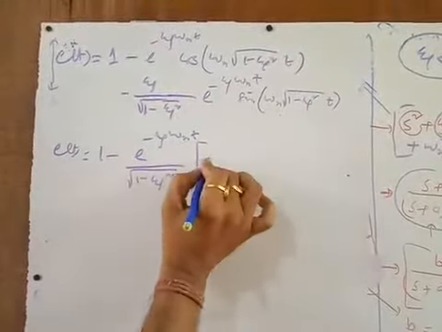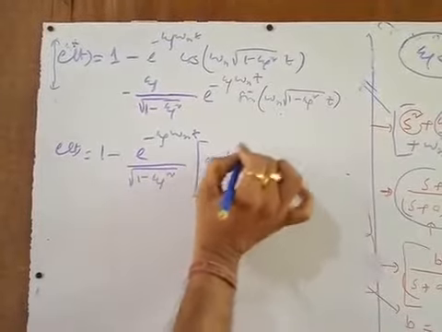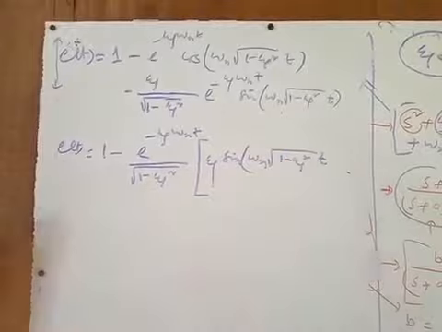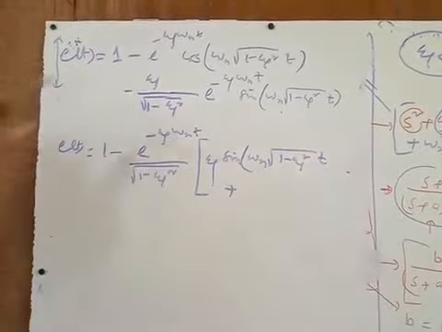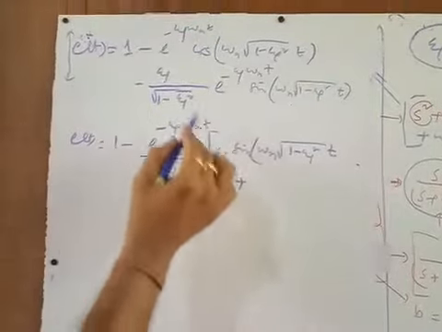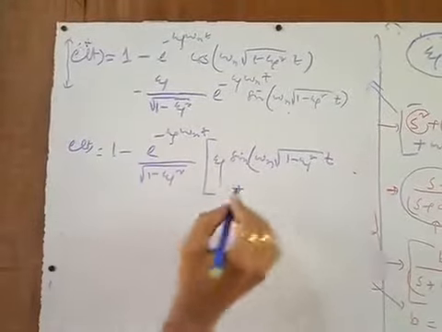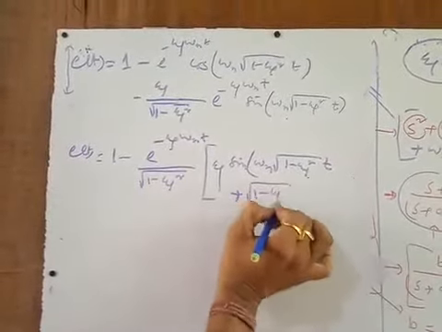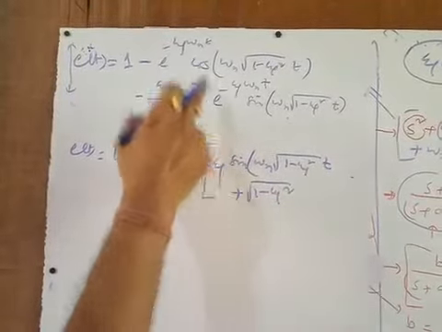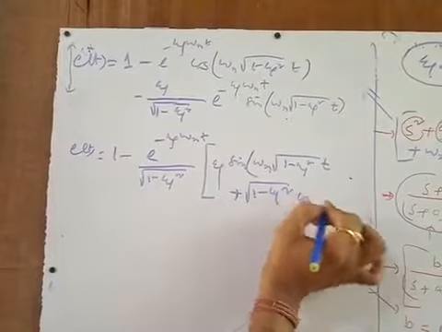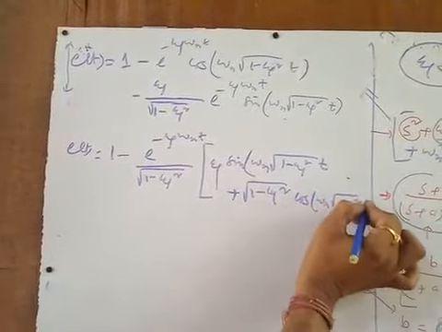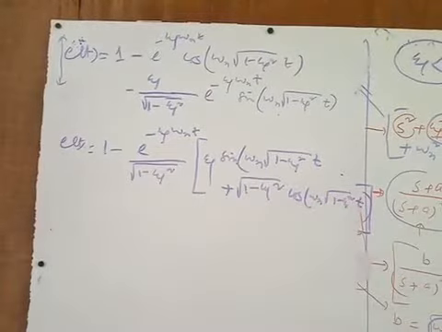So this will be xi sin omega n root over 1 minus xi square t plus, this is minus, so minus plus, e to the power minus xi omega n t is there. So this should be multiplied such that this into this gives you e to the power minus xi omega n t into cos of omega n root over 1 minus xi square t, right?